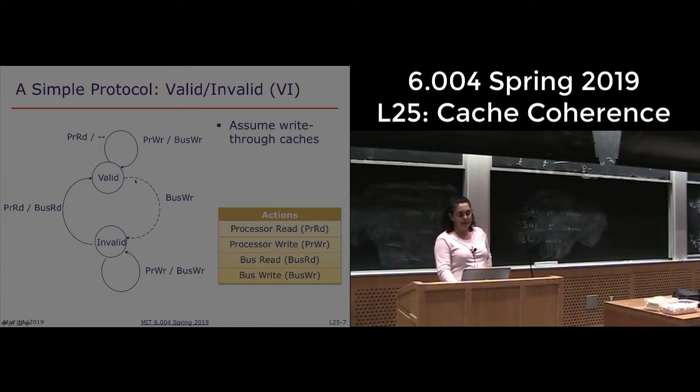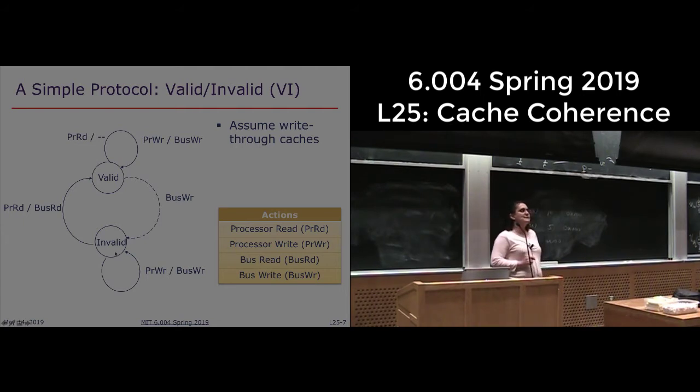But what's going to happen with all the other caches is what's demonstrated here in this dashed line. The dashed line corresponds to what all the other caches are seeing. As soon as the other caches see on the bus that somebody issued a bus write request, if they had a valid copy of that particular address in their cache, they're going to go ahead and invalidate it.